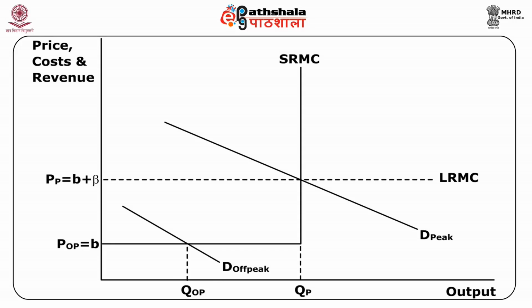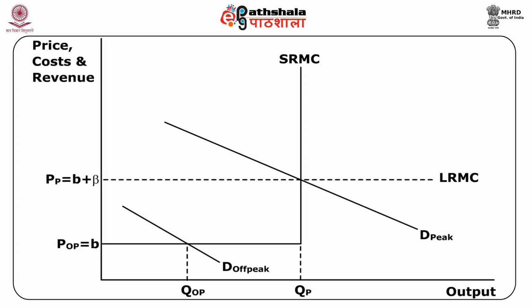The SRMC curve is the marginal or operating costs of the firm, assumed to be constant till peak capacity output level QP is reached. Thus, the firm has a rigid plant size with SRMC equal to B for output levels smaller than QP, the optimal plant size in the given figure. At this output level, the SRMC curve becomes vertical, reflecting that increasing output beyond this level requires increasing the firm's capacity, in terms of maybe building another plant.